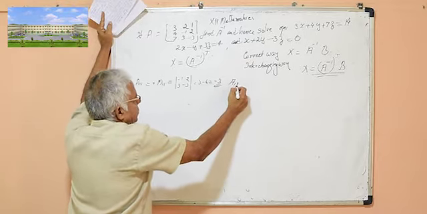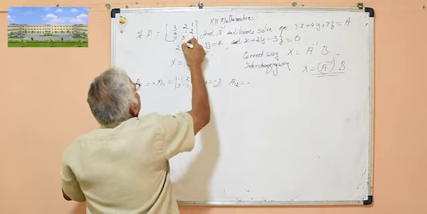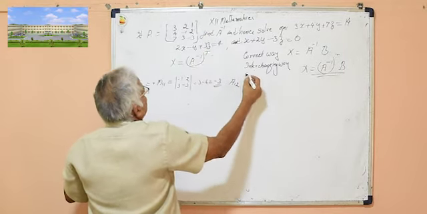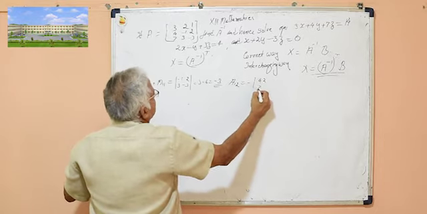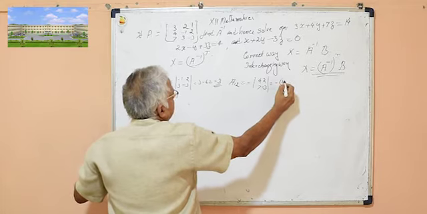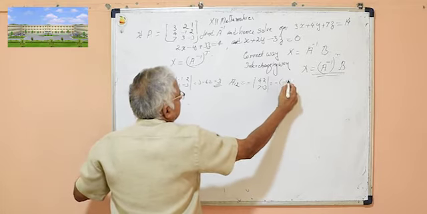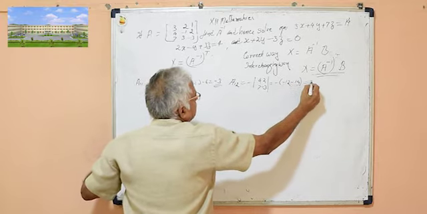Cofactor A12 is equal to minus, deleting the row and column containing the first row and second column. Then we get the determinant 4, 2, 7 minus 3, which is equal to minus into minus 12, 4 into minus 3 minus 14, that is 26 plus 26.